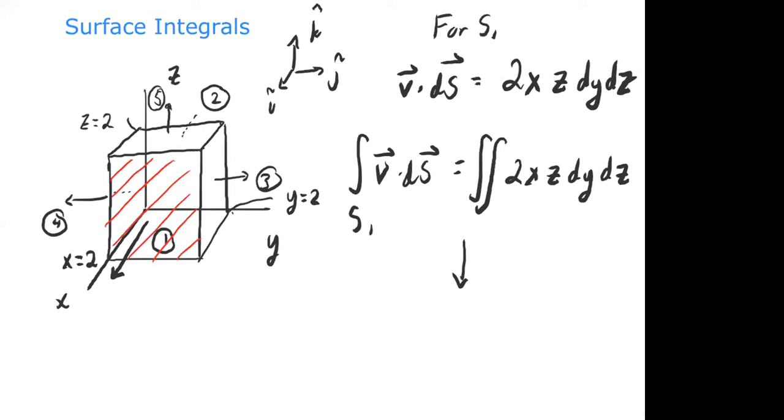So that means that along S1, x has got to be equal to 2. So this is 4z dy dz.